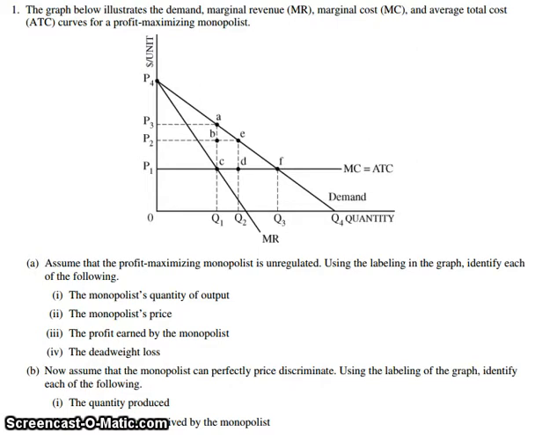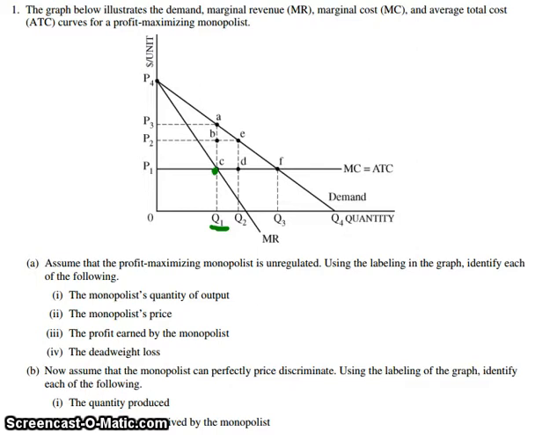And so they want to know what is the monopolist's quantity of output. So the profit maximizing or loss minimizing rule is that the firm produces where the marginal revenue is equal to marginal cost. So you can see that on this graph, marginal revenue and marginal cost are equal to each other at quantity Q1.